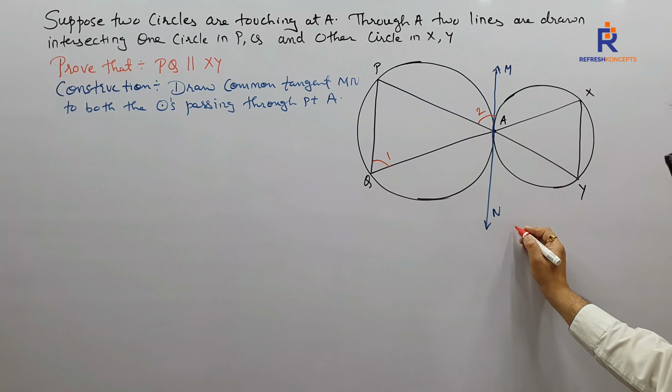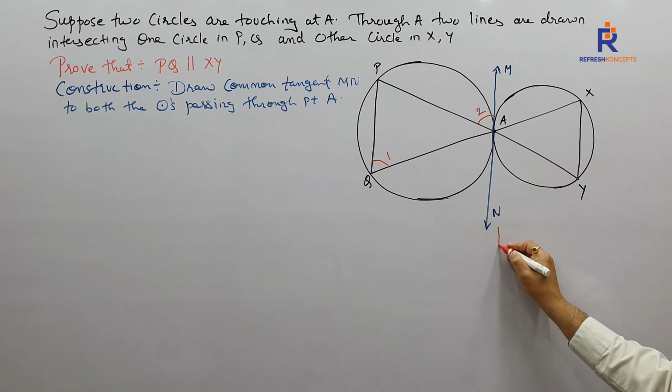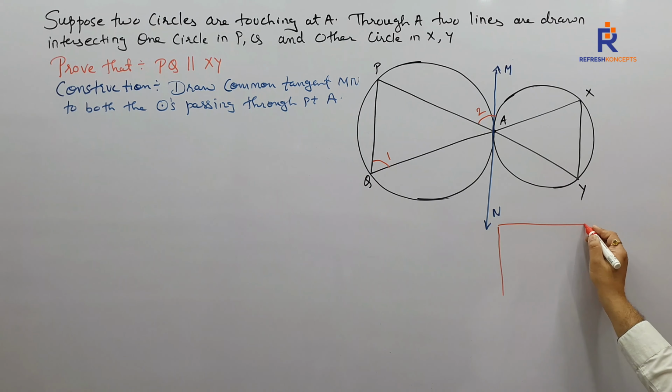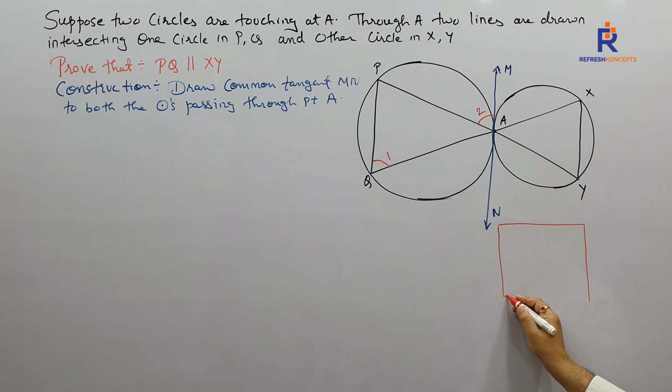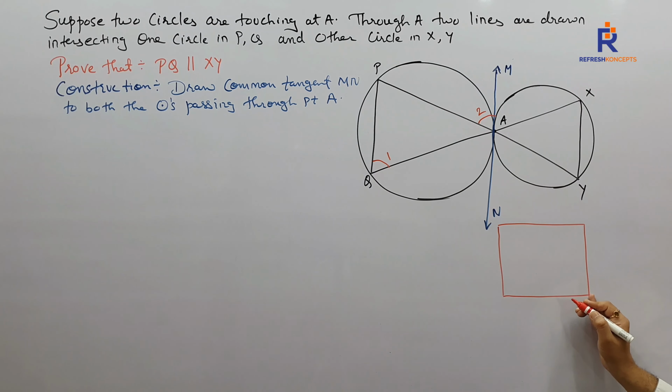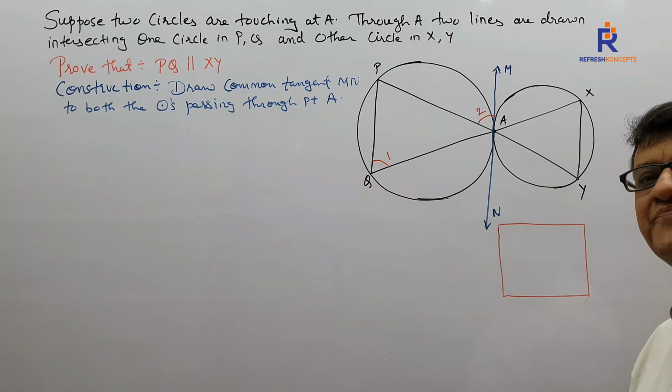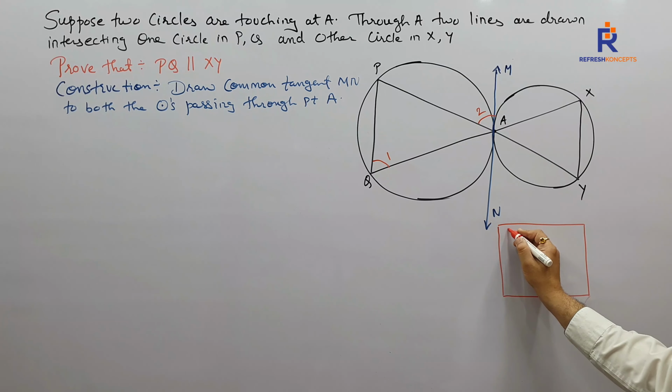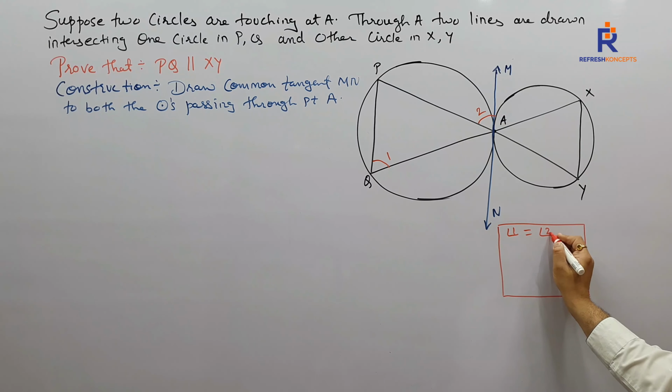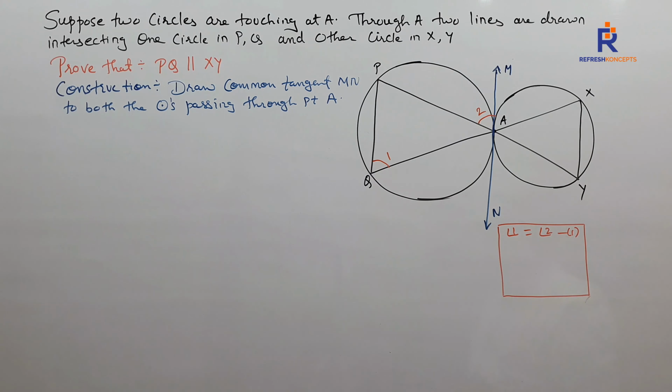So my skeletal solution is here. Within this, we are done with our sum. If you think, sir, our solution is that small, indeed, our solution is that small. So angle 1 is congruent to angle 2 by the tangent secant theorem.